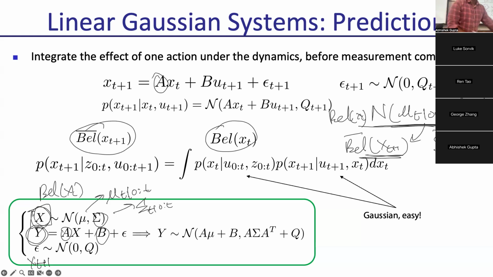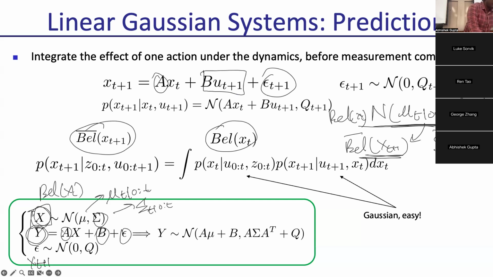It's just B u t plus 1, right? So B here is just B u t plus 1. And epsilon here is just epsilon t plus 1.